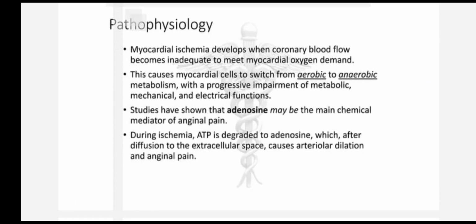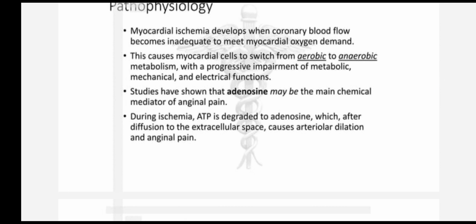Pathophysiology. Myocardial ischemia develops when coronary blood flow becomes inadequate to meet myocardial oxygen demand. This causes myocardial cells to switch from aerobic to anaerobic metabolism, with a progressive impairment of metabolic, mechanical and electrical function.